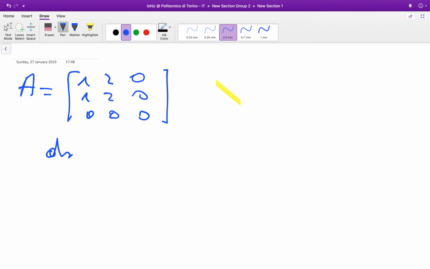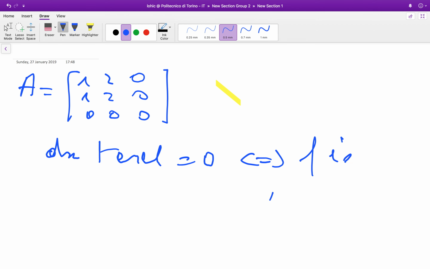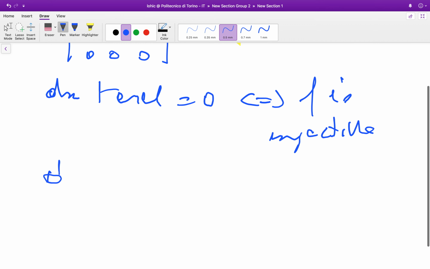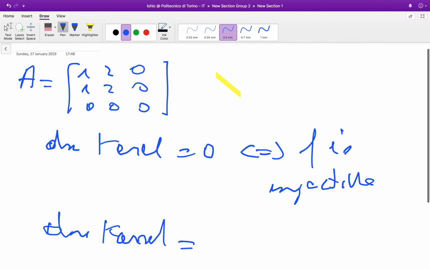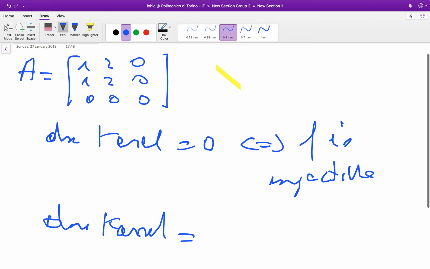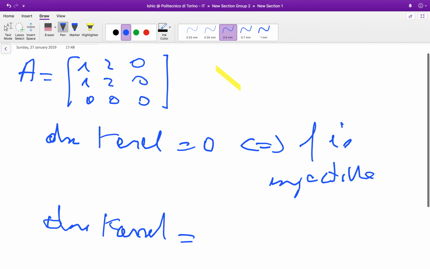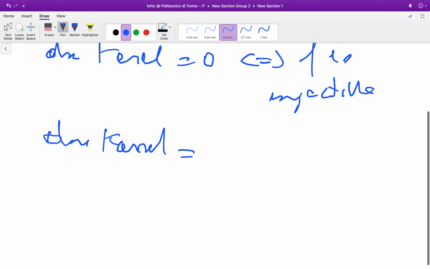If the dimension of the kernel is 0, this is equivalent to saying that the linear mapping is injective. How do you find the dimension of the kernel?